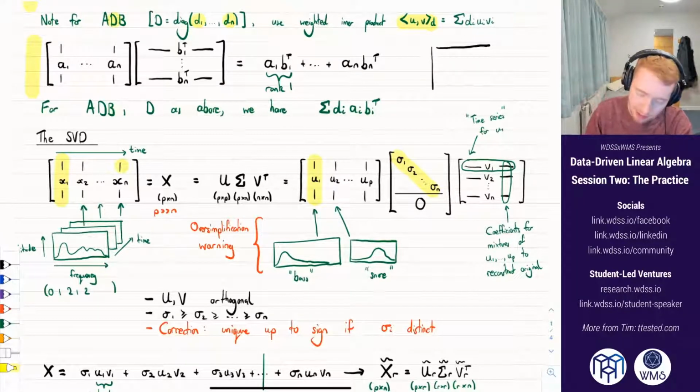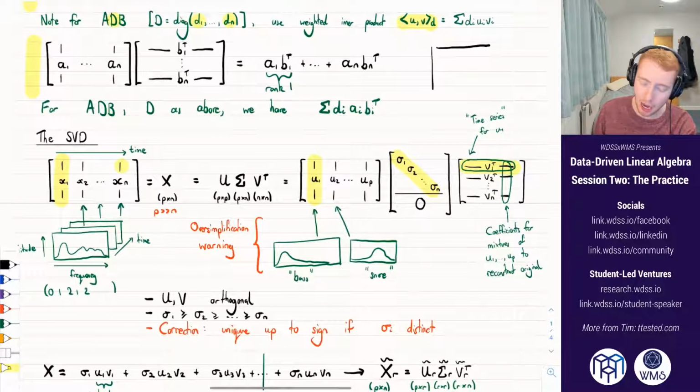And then these V's, there are two ways of interpreting them. If we look at the row vectors, these should be row vectors with transposes, row vectors V, what these correspond to is how the amount of each of these U's changes in the signal over time.